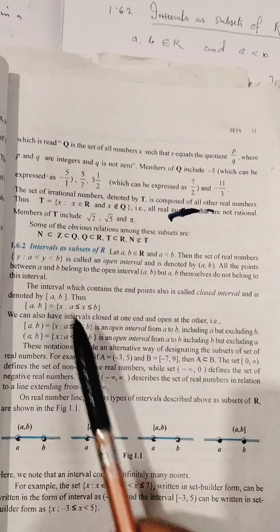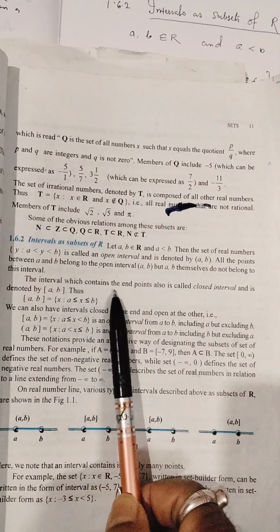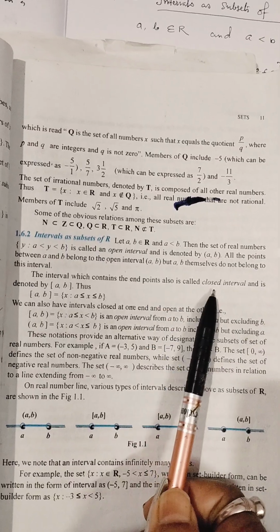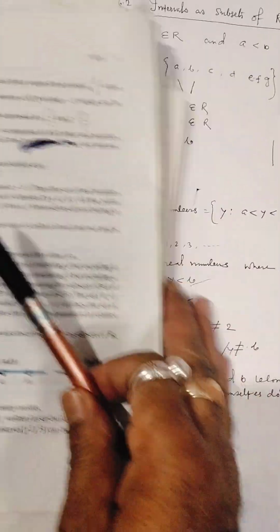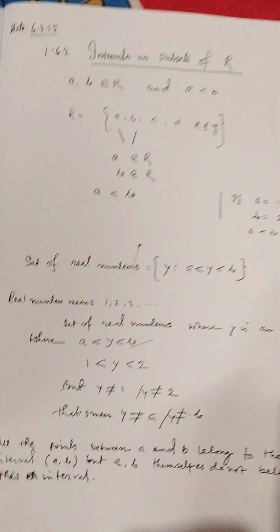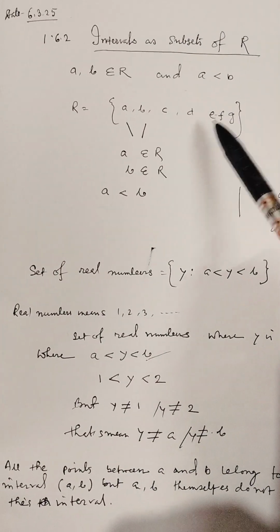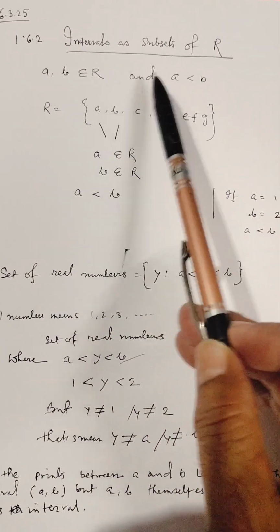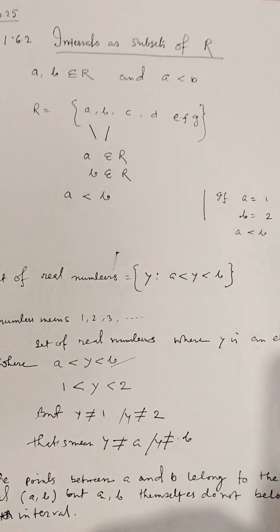The interval which contains the endpoints is called a closed interval. That is another. Now, clear it. Intervals as subsets of R. Let a, b belong to R and a less than b.